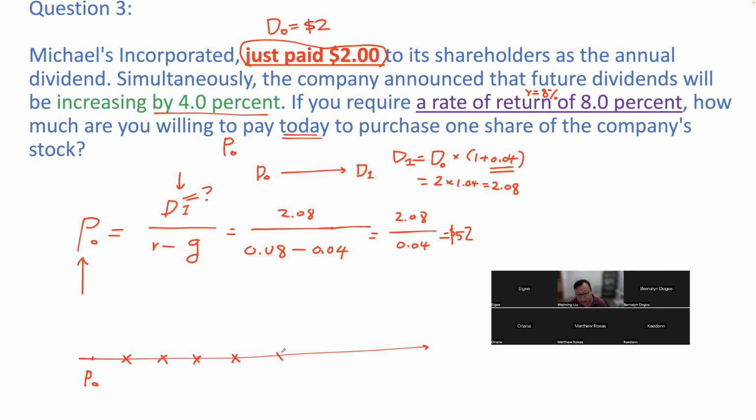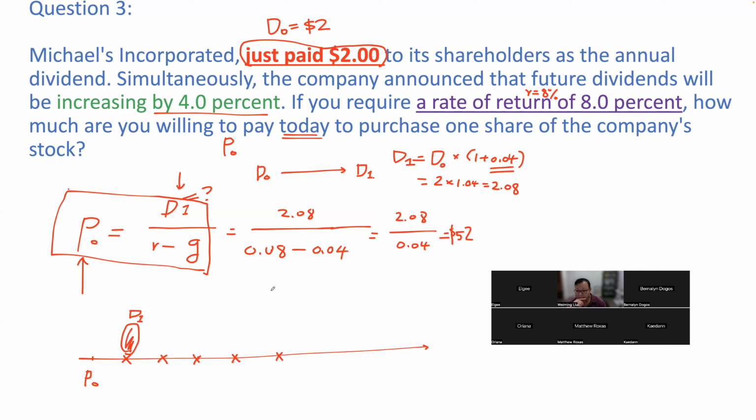So you have to use this payment here for the ordinary annuity, and that's the D1. If you use D0, then you are actually formulating that cash flow as an annuity due. So make sure you understand this formula is based on an ordinary annuity.